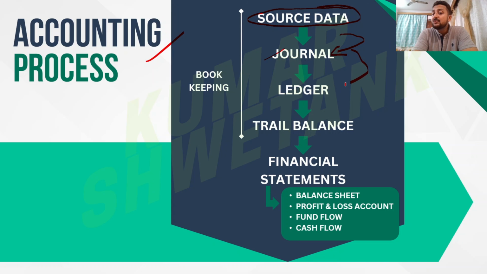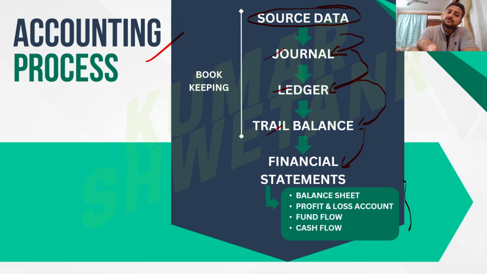After that we use that data for classifying, and for that we use ledgers. Then we summarize that data in the trial balance, and then we come up with our financial statements, that is balance sheet, profit and loss, fund flow, cash flow, etc.